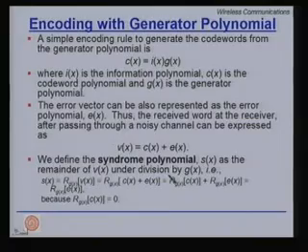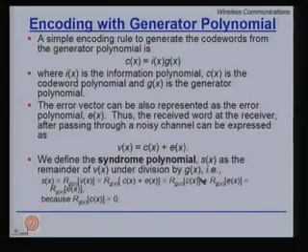Whatever be the residue, that is, the remainder after dividing by g(x), is the syndrome polynomial. Please note, s(x) is the remainder when you divide v(x) by g(x). What is v(x)? Nothing but c(x) plus e(x), and then by a simple rule you can separate them out.